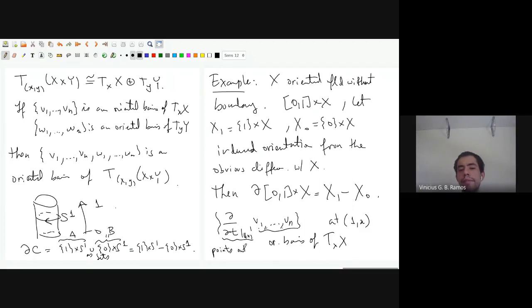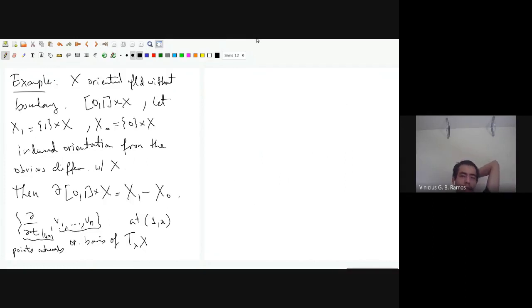You can choose either that, or you can choose a metric so that this is normal, but you really only need to take a vector that points outwards. It doesn't even need to be normal or have norm 1. It will give you the same orientation.